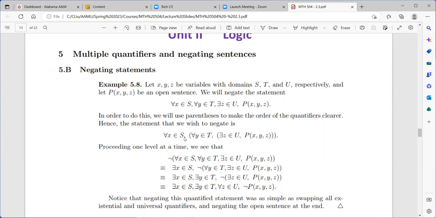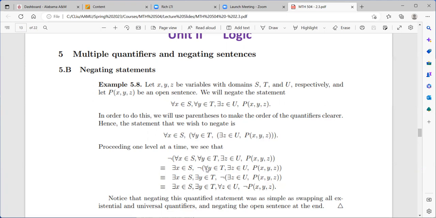So the first thing to do is to change the universal quantifier, for all X in S, to there exists X in S. Okay, as we talked about, and then you negate the other part following it. You make parentheses to make the other things one part.